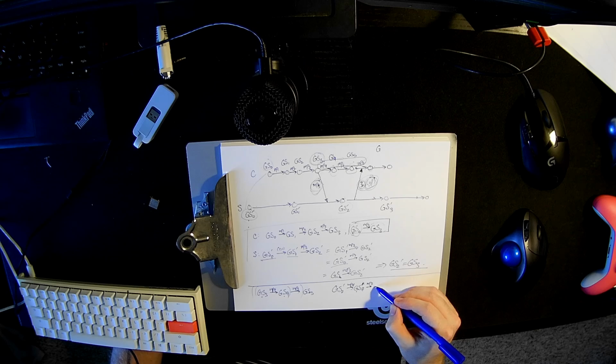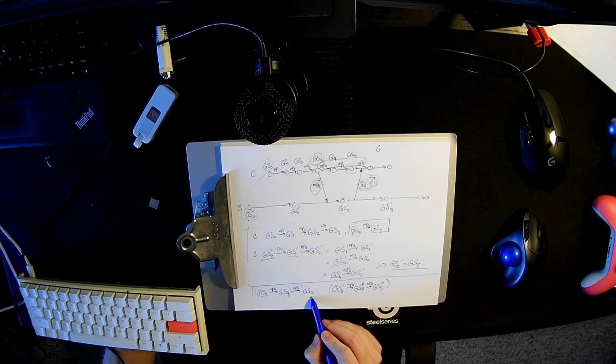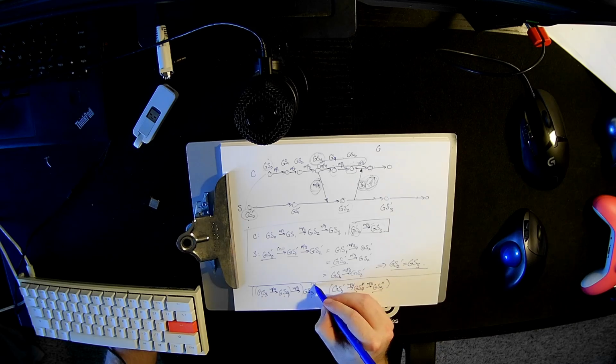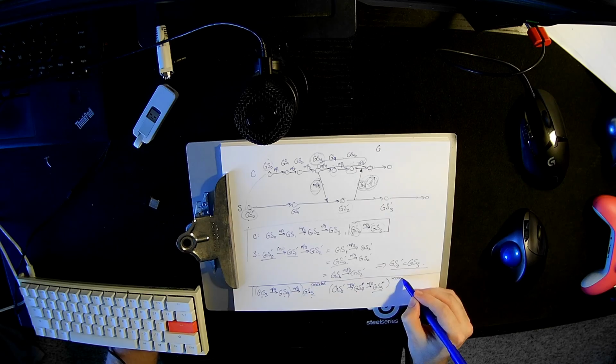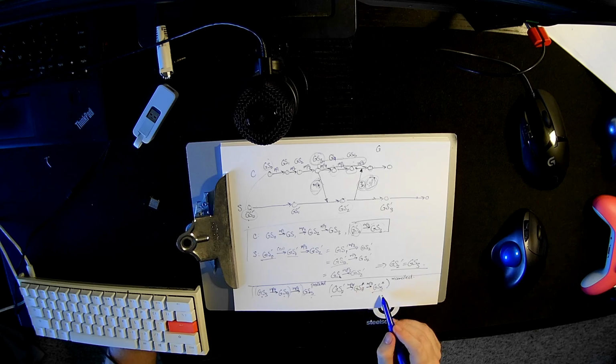MP5, reapply that one, and then GS5 star. So what I want to say is that this is equal to that. This is your predicted, and this is the reconciled, because the reconciled uses the server state and applies them on top.